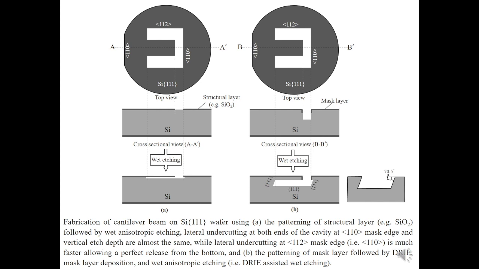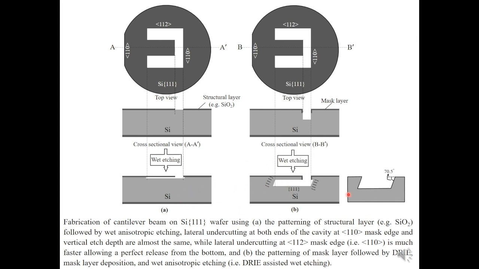Just to demonstrate the application of this etchant, here we have the cantilever-shaped mask pattern. In this case, the mask is patterned on a 111 wafer, and after patterning of the mask layer, deep reactive ion etching is performed to make the controlled gap between the freestanding structure and the bottom surface.